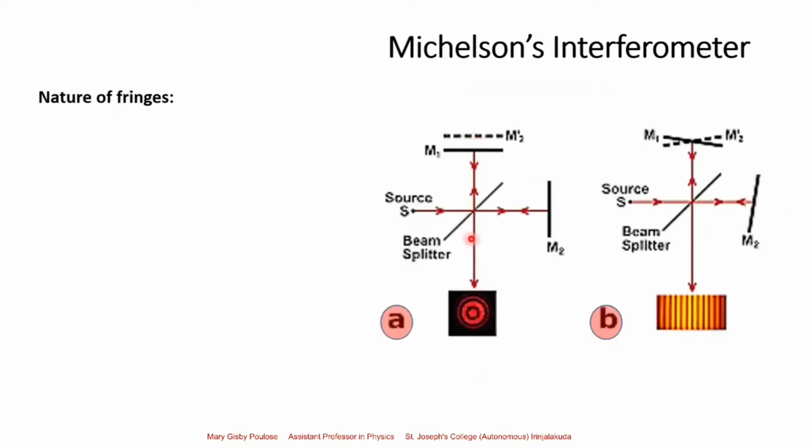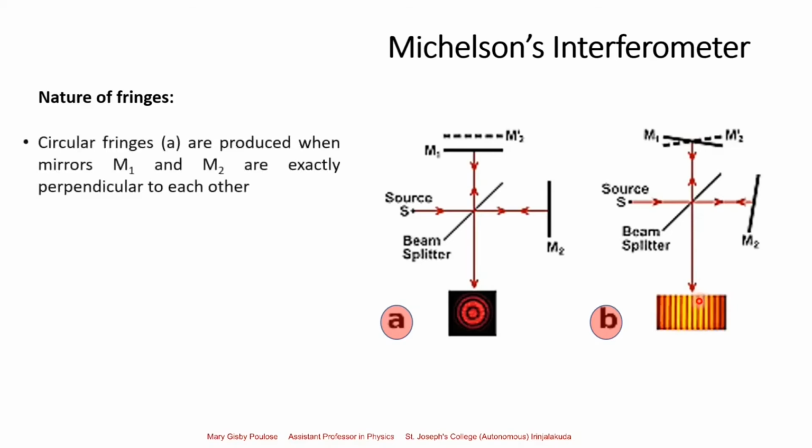In this case, you can see the exact center of the fringe pattern. That is, you can see circular fringes. Whereas in the second case, if these mirrors are tilted with respect to each other, you will see localized fringes that are alternate bright and dark straight fringes.